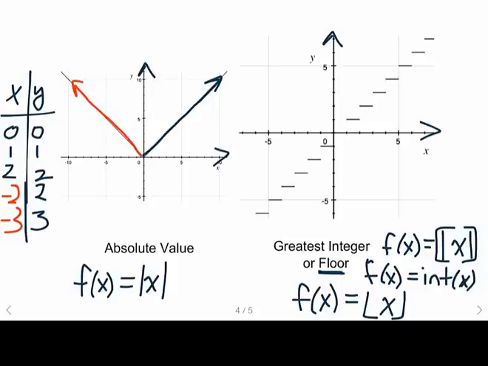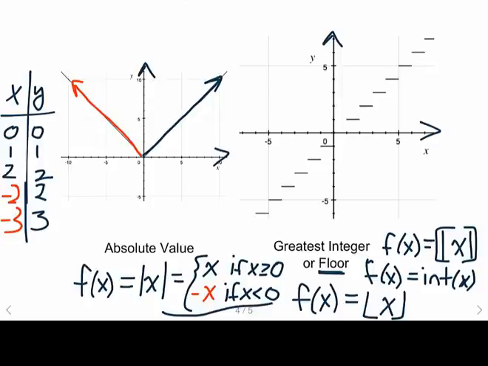So it could be stated that the absolute value of x is equal to x if x is greater than or equal to 0, and it's equal to -x if x is less than 0. We're going to deal with this kind of description of a function in a future video.